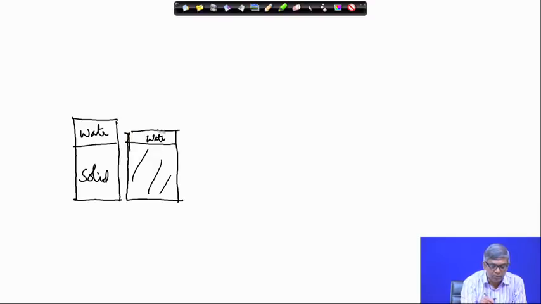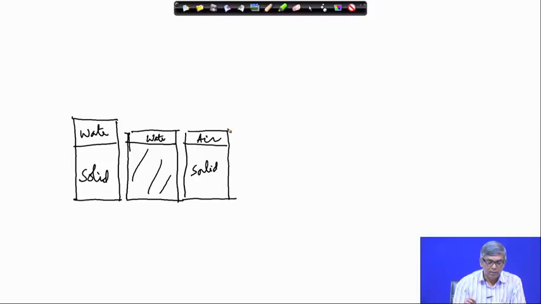And now the dry condition, this is solid and this is air. By definition, the shrinkage limit is the water content at which the soil reaches its minimum volume while keeping its saturation.